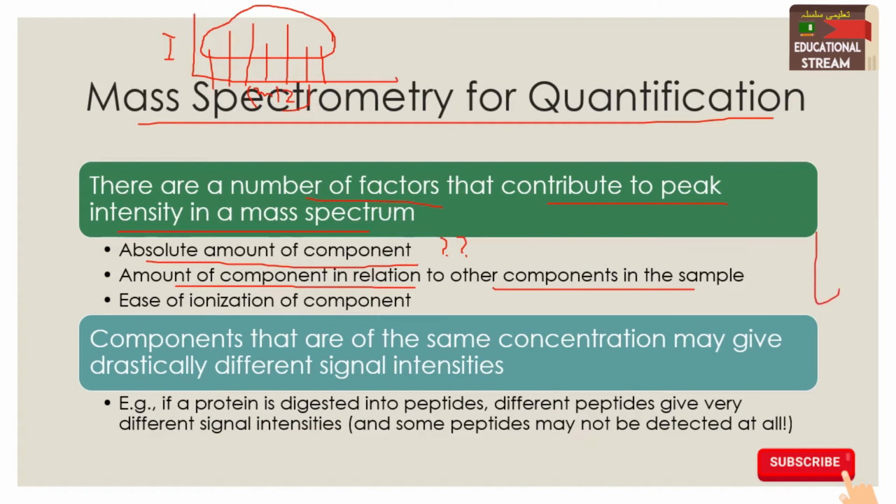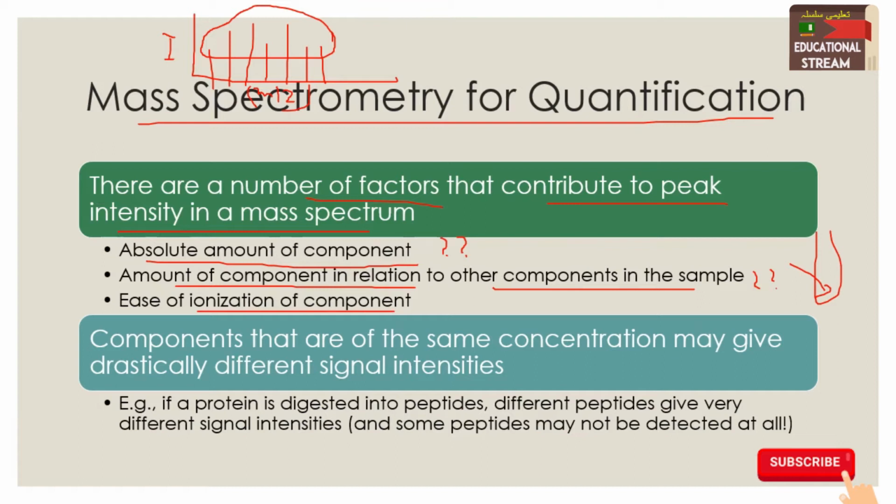Like, in the tube we have not only the sample, there are certain buffers or certain other chemicals also. We also see the relative ratio of the component in relation to other components which are present in the sample, and then we also see the ease of ionization of the component.